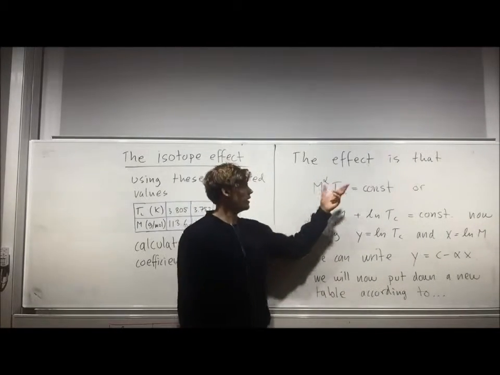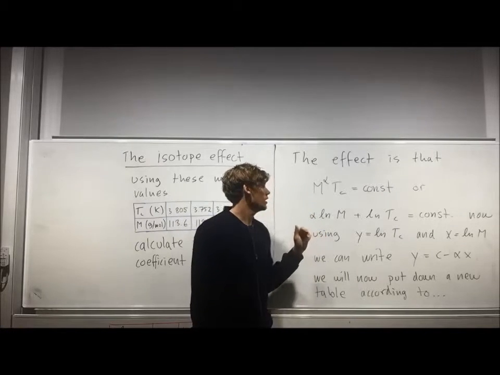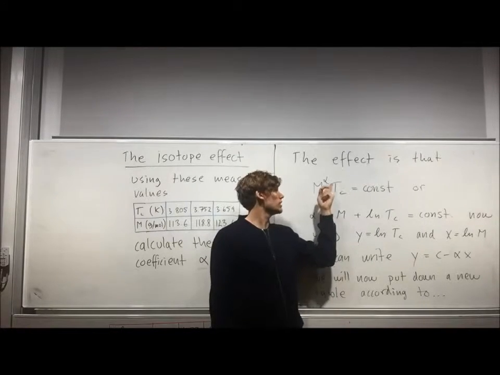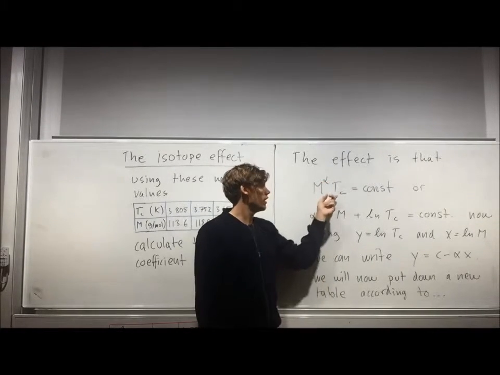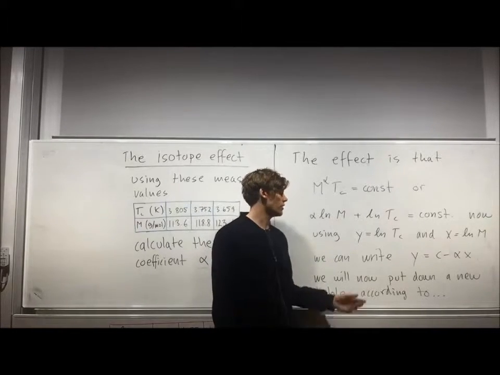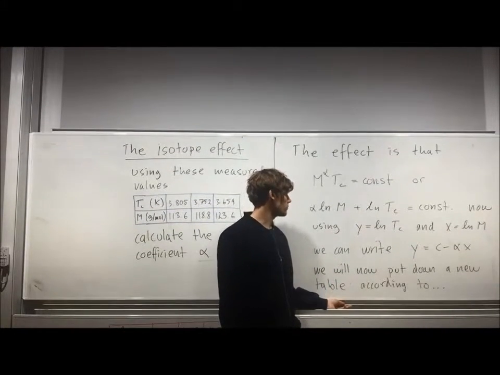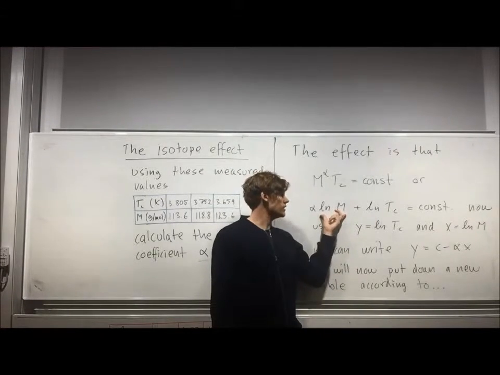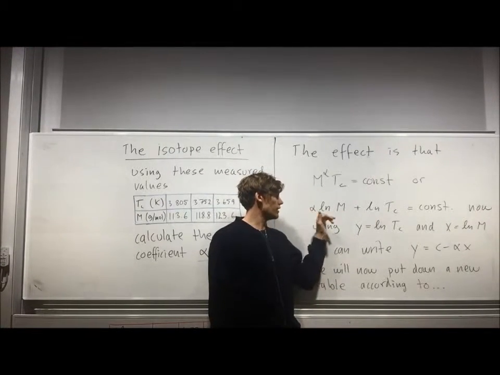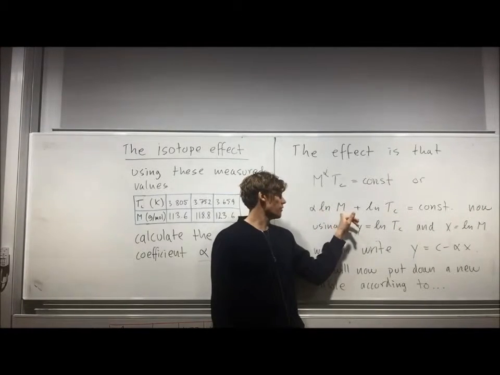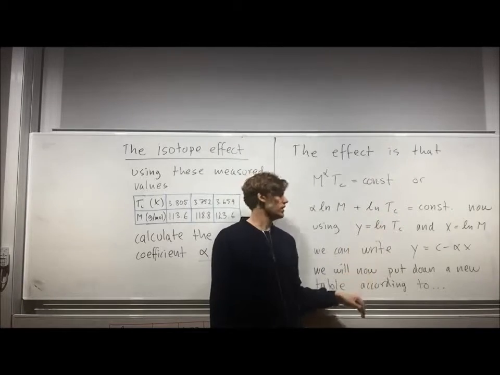Basically the isotope effect is that this relation holds: the mass to the power of some coefficient alpha times the critical temperature stays constant for any particular isotope. So, taking the logarithm of both sides, we get a linear relation between the logarithm of m and the logarithm of Tc.